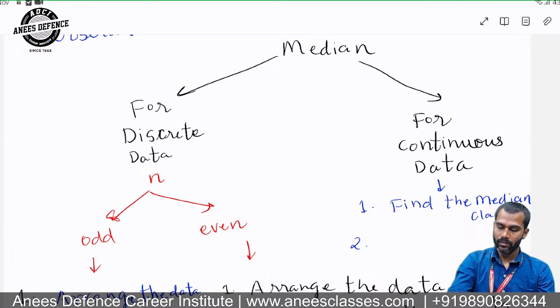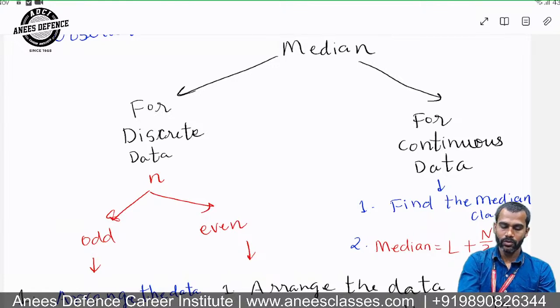What is median? I'm writing just the formula here. We'll take one example and then you'll understand how to solve. Median is equal to L plus (n by 2 minus CF) divided by F, into H. Yes or no? This is the formula.